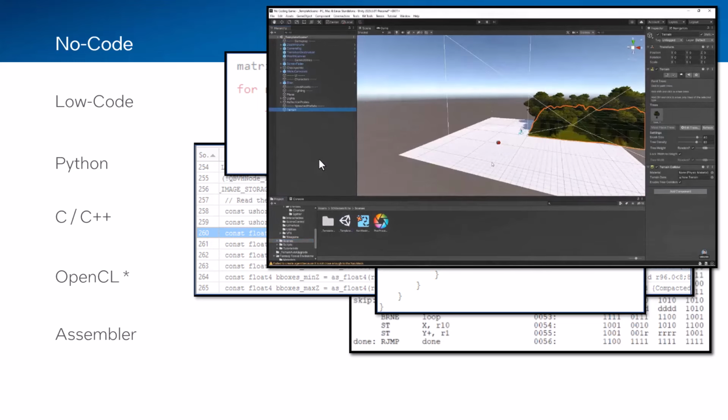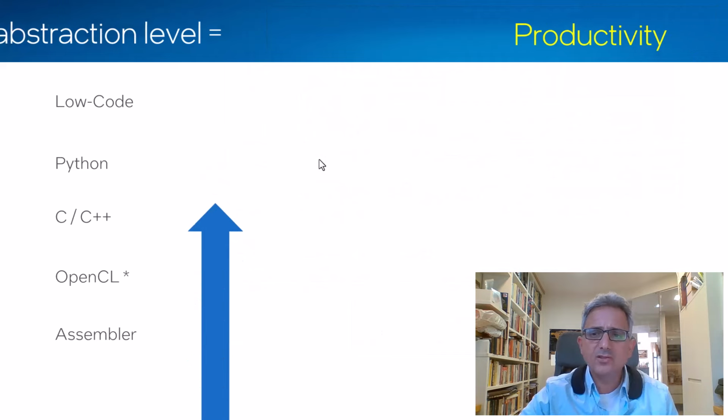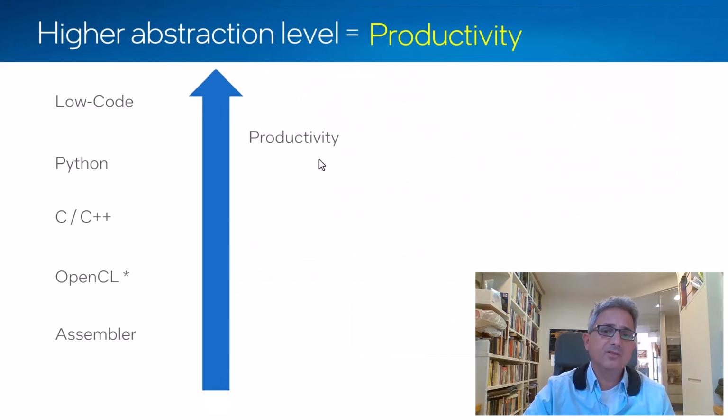So why not? And the reason we're going to higher abstraction level is, of course, productivity. If one line of Python code can replace 100 lines of C++ code, then I can do everything faster. Or alternatively, I can do more in the same time. And in addition, it's easier and takes less time to get to a good programming level in Python.